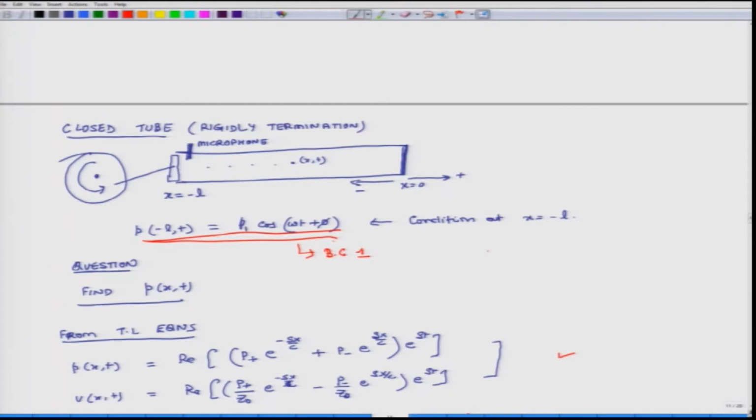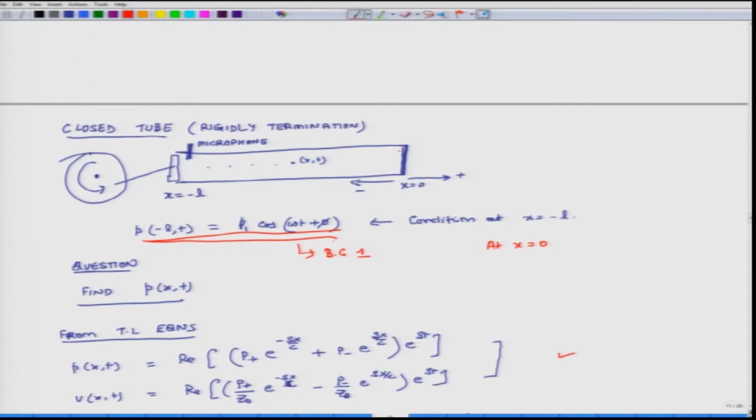At x is equal to 0, if you have an air particle just at the closed end, because the tube is rigidly closed, the end of the tube has no freedom to move back and forth, and because of this the particle which is extremely close to it, just next to it, also cannot move back and forth.